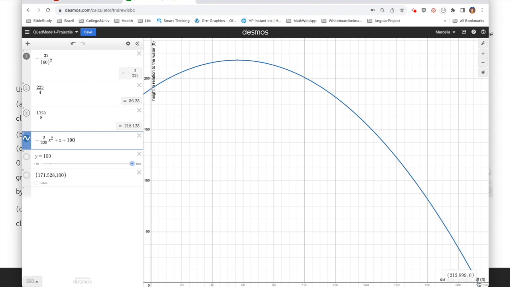If they ask you to round to a whole number, you would answer approximately 213 feet. You have to pay attention to how they want you to answer. For example, in a military situation, you would use the whole number because it would make a difference in searching for the projectile to recover it. But for our calculation, round to the first whole number, and so you get 213 feet.